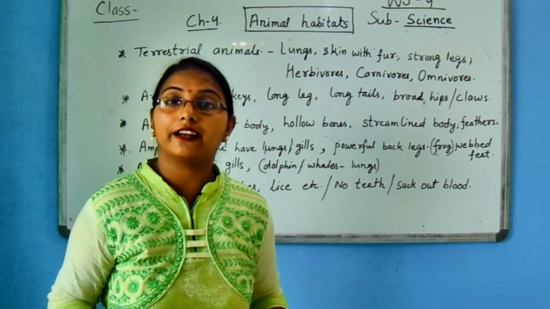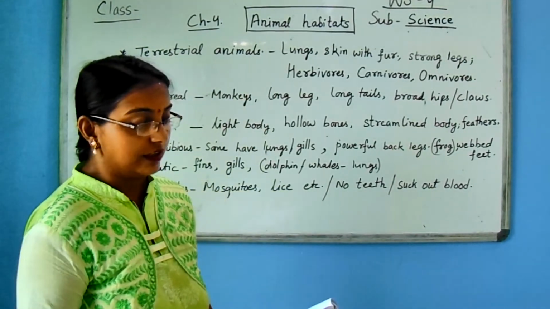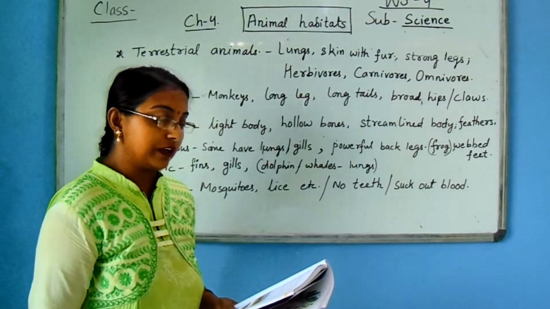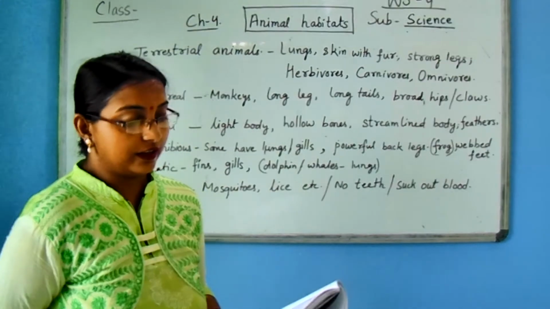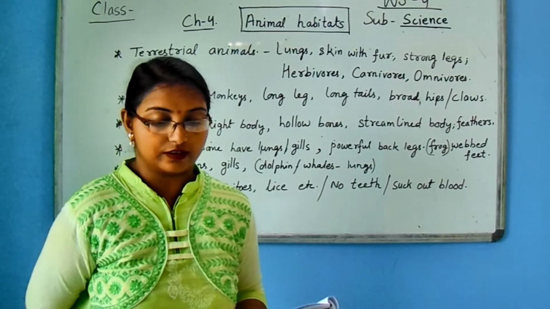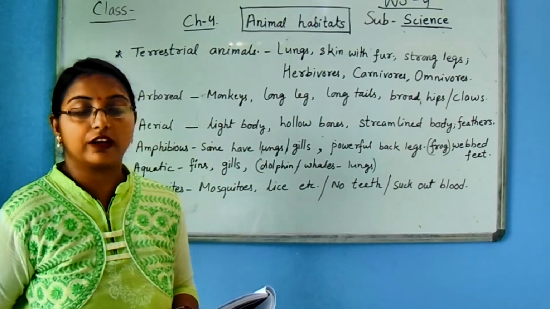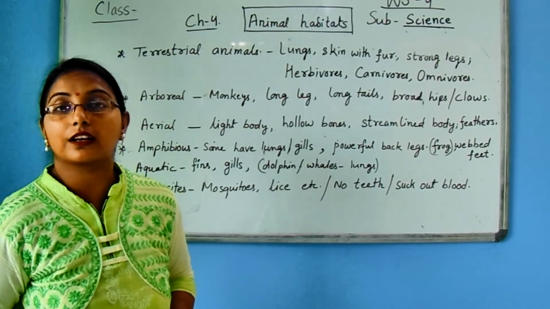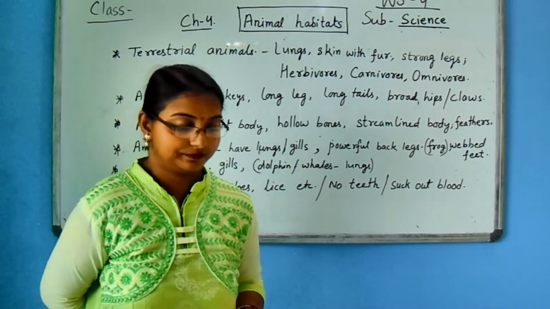So they migrate over long distances to distant grasslands for food or water. Some Siberian birds fly across thousands of kilometers to India to escape the cold winters. They fly back to their natural homes when the weather improves. That means if the climate has favorable conditions, they come back.